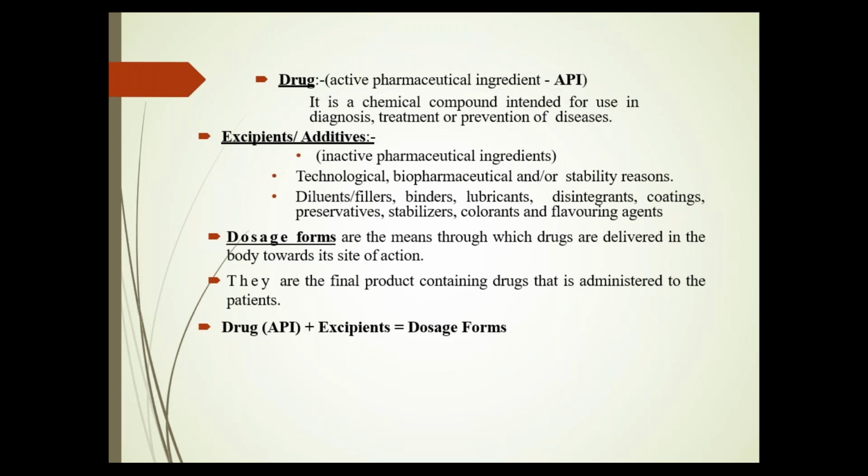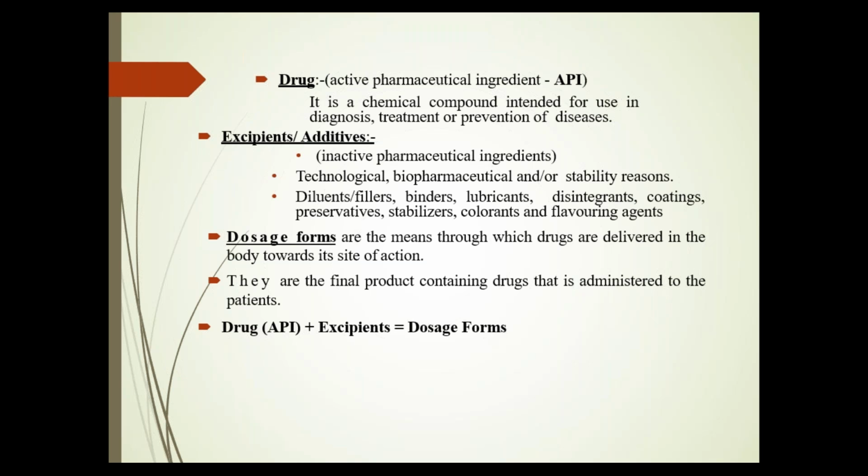It is a compound which is used for diagnosing, treating, and preventing diseases. Excipients or additives are the inactive ones. For example, in tablets, you will have binders, lubricants, then disintegrants. In liquid dosage forms, you will have many ingredients along with a vehicle or a solvent.